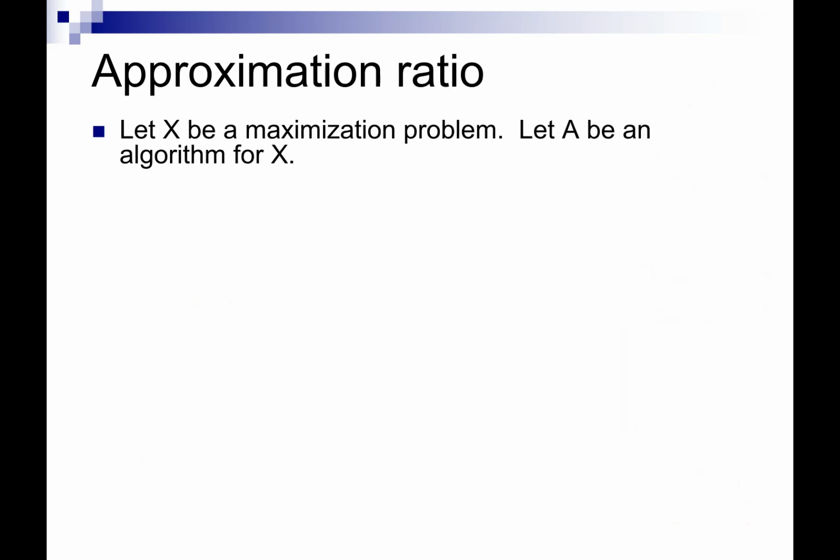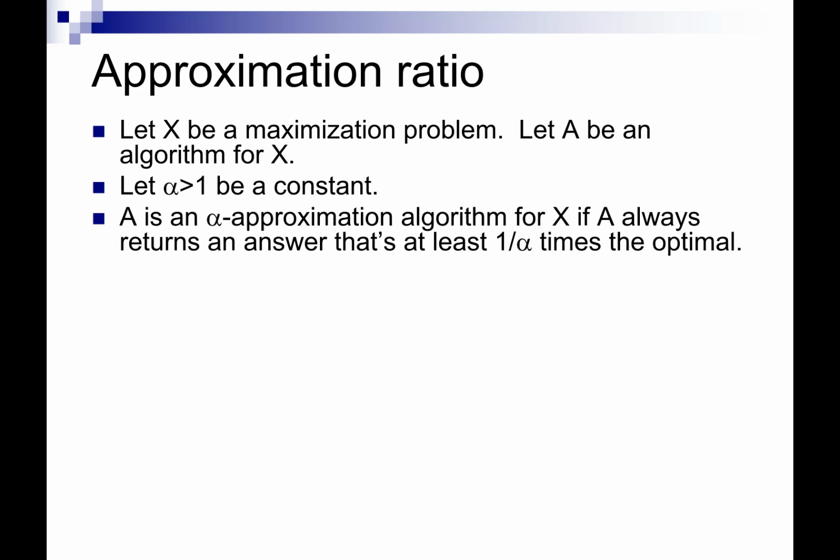Okay, so to be more precise about this, suppose first of all that we have a maximization problem. So let's let X be some sort of maximization problem, and let's let A be an algorithm for solving X. Now we're going to pick a constant alpha, which can be anything larger than 1.